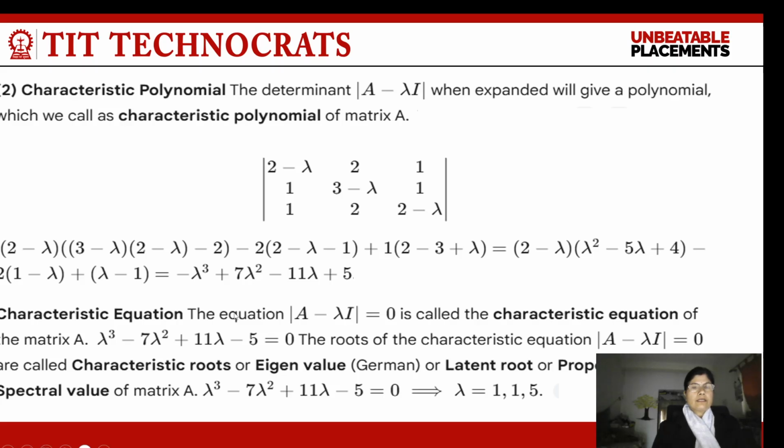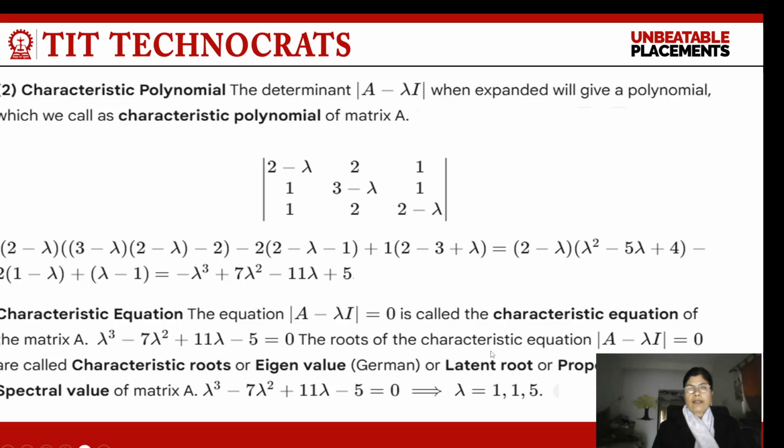Now, characteristic equation. The equation determinant of A minus lambda I equal to 0 is called the characteristic equation of the matrix A. So lambda cube minus 7 lambda square plus 11 lambda minus 5 is equal to 0.